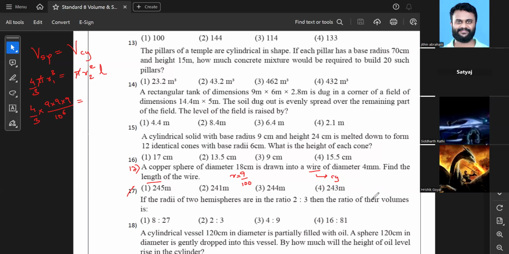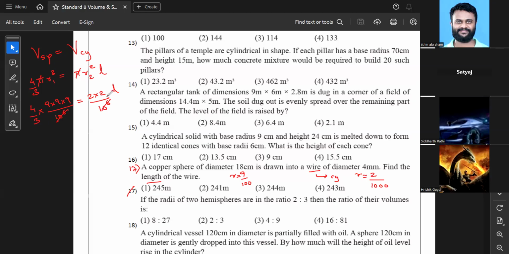Okay. So proceeding further, this diameter becomes radius. So 4 becomes 2 millimeter. To convert millimeter to meter, I'll put 1000 in the denominator. On the other side, the square of 2 is 2 multiplied by 2 upon 1000. It has three zeros, and its square will have six zeros, multiplied by L. Fortunately, this and this got cancelled.